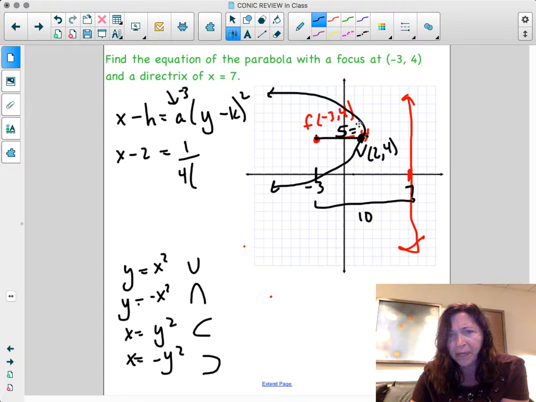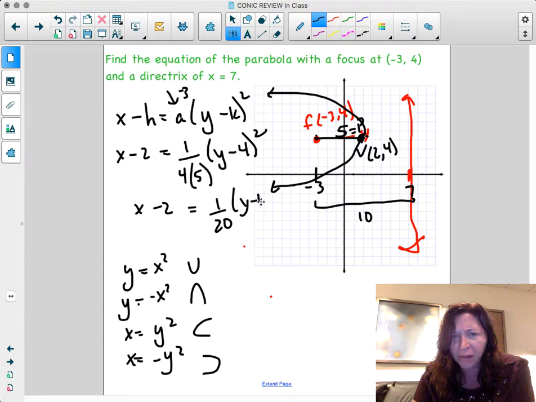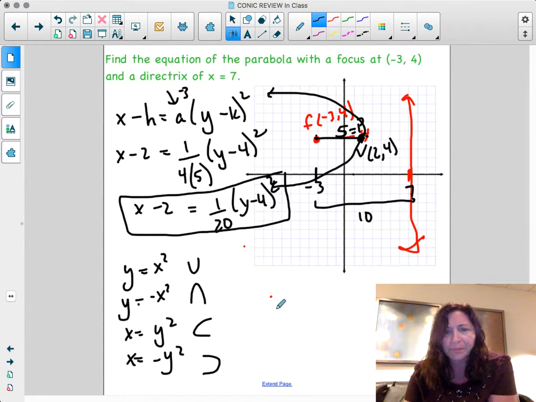So p is equal to 5. So this will be 1 over 4 times 5 times the quantity y, this is my y, where's my vertex? 4. So it'll be y minus 4 quantity squared. So my final equation will be x minus 2 equals 1 over 20 times the quantity y minus 4 quantity squared. And then we're just going to box that up.